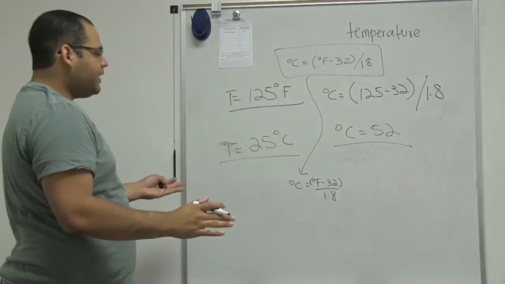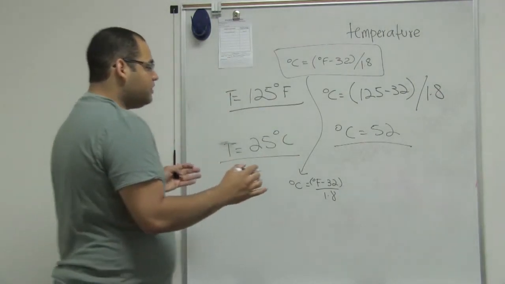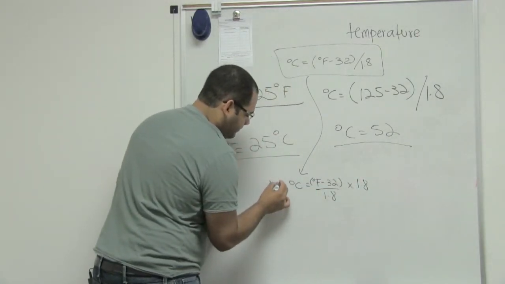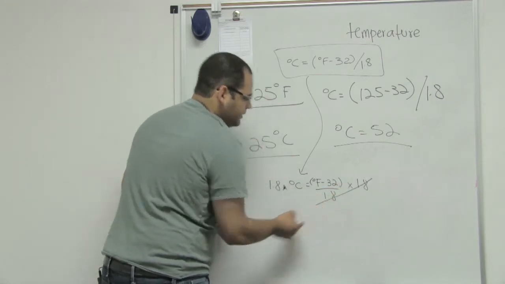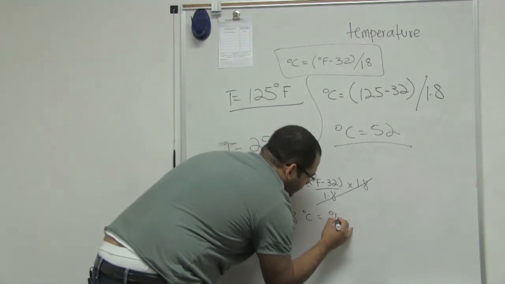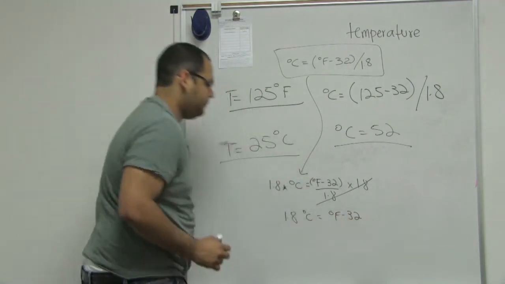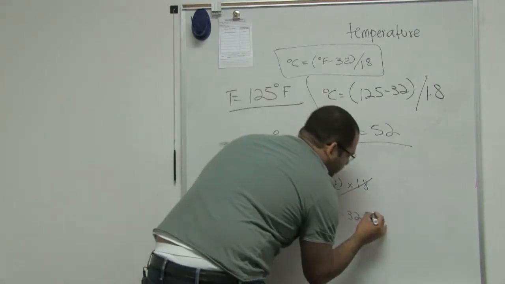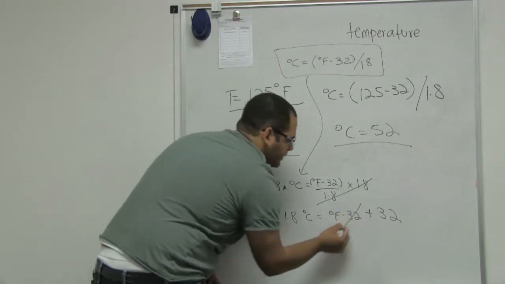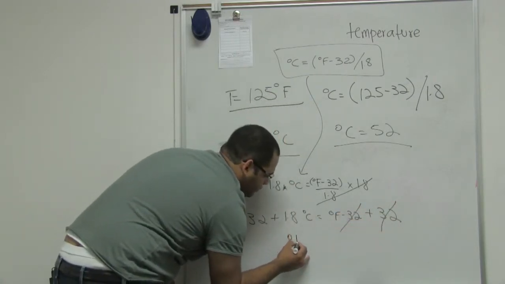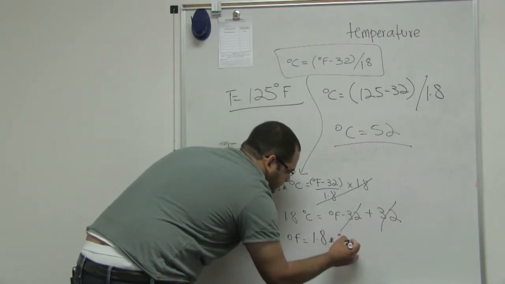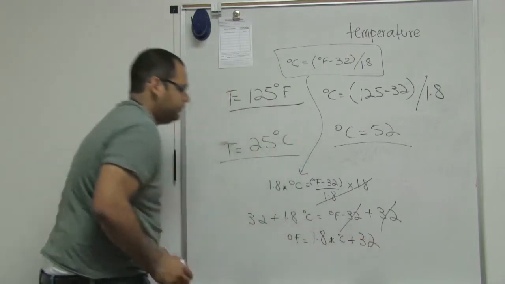In order to solve this equation for Fahrenheit, first of all, I multiply both sides by 1.8, so I can cancel this. So I have 1.8 Celsius equals Fahrenheit minus 32, right? Now I add 32 to both sides, so this 32 will cancel out. So Fahrenheit will be equal to 1.8 times Celsius plus 32.